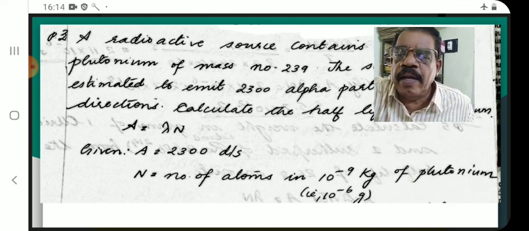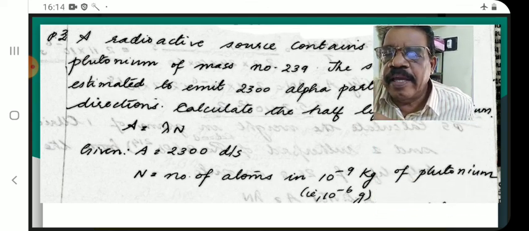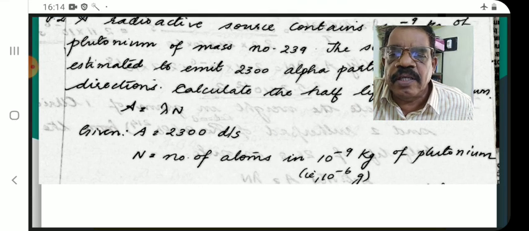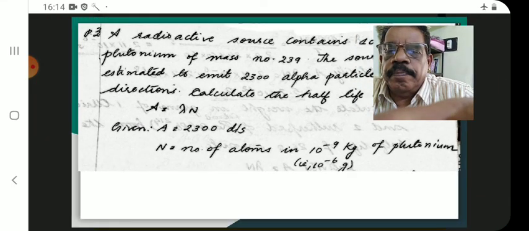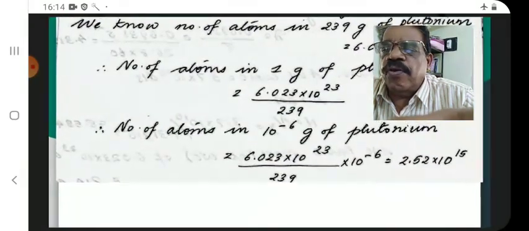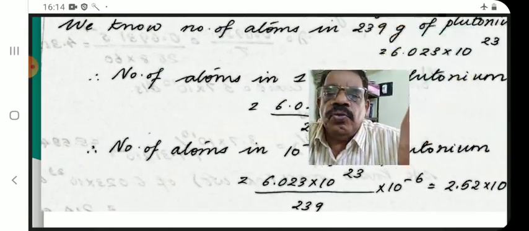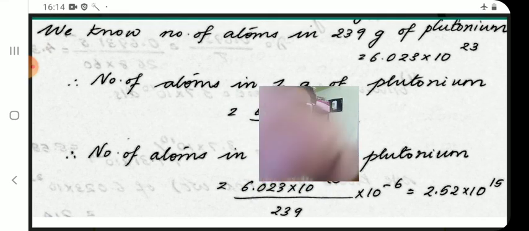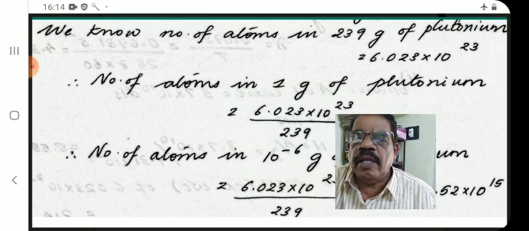Activity A is equal to lambda n. And here given A is equal to 2300 disintegrations per second, n is the number of atoms in 10 raised to minus 9 kg of plutonium, that is 10 raised to minus 6 gram. We know the number of atoms in 239 gram of plutonium is 6.023 into 10 raised to 23.